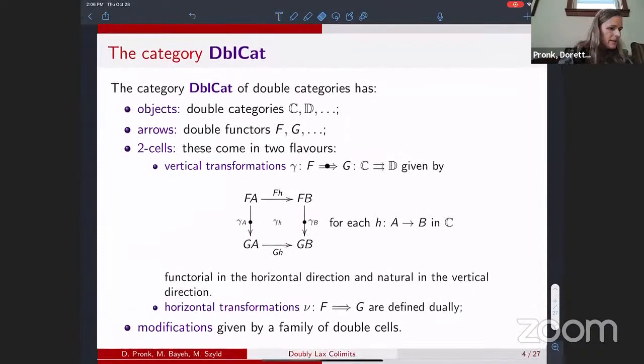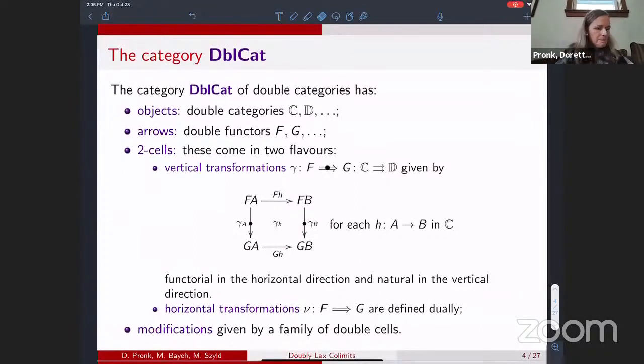Okay, now the category of double categories has objects, double categories, obviously, arrows, double functors. Those are functors that preserve all that structure that I just gave you. And then, for today, it will be strict, although there is a pseudo version, but for right now, we'll just do the strict version. And two cells can canonically come in two flavors.